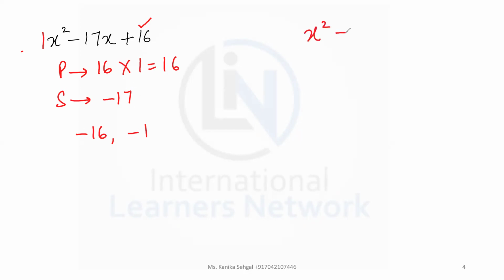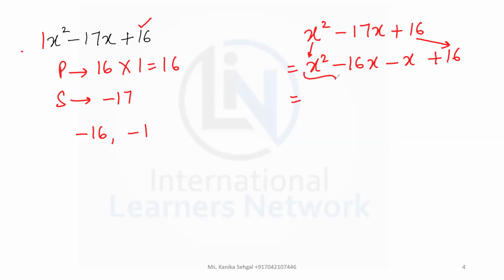So this question which was given to us, x square minus 17x plus 16, can be written as x square minus 16x minus x plus 16. So this minus 17x can be written as minus 16x minus x. The last term and the first term remain as they are. Now we'll take common from here. x can be taken common and we are left with x minus 16.